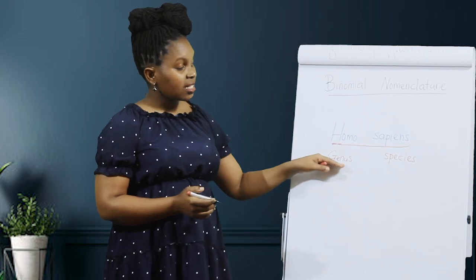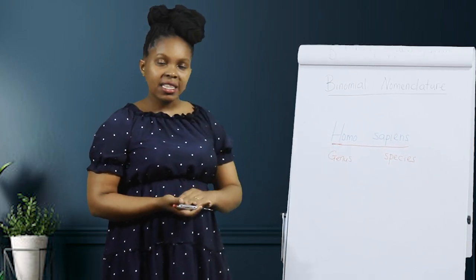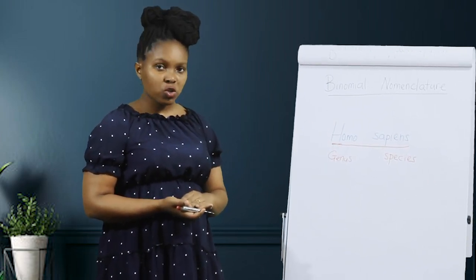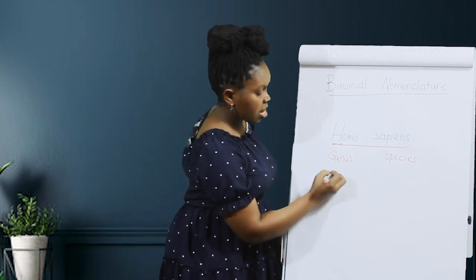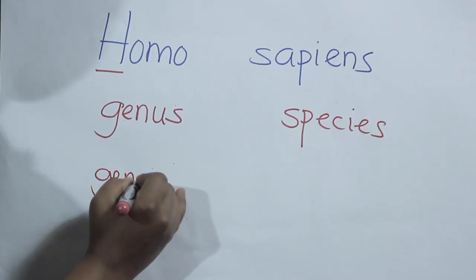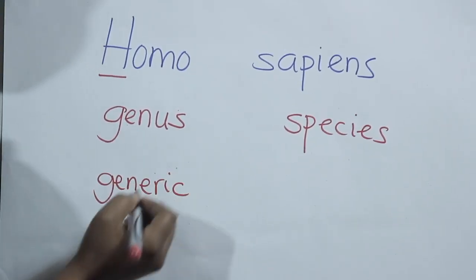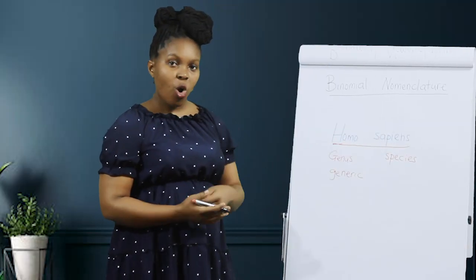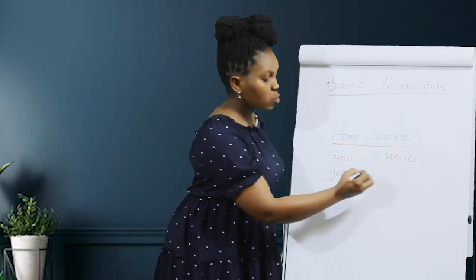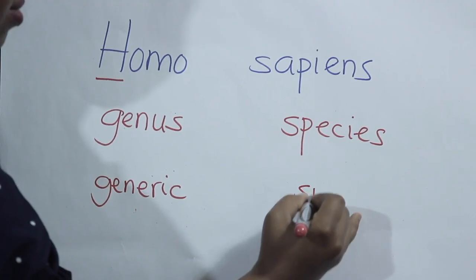Now, the genus or the first name in the scientific name is also known as the generic name. And the second name or the species name is also known as the specific name.